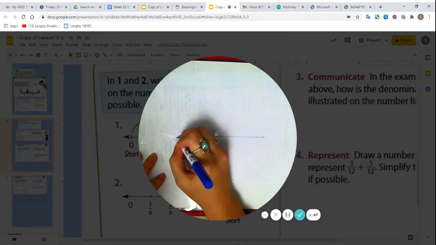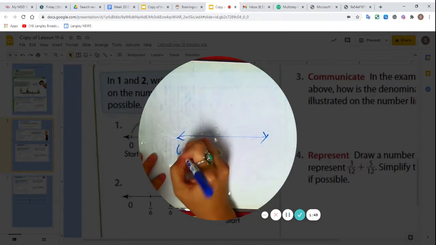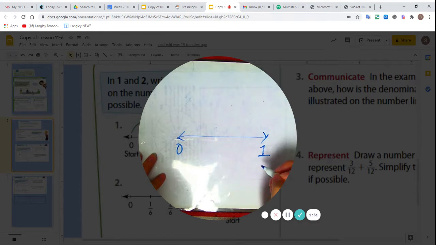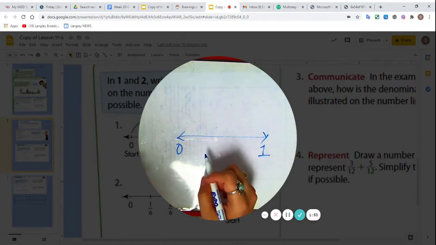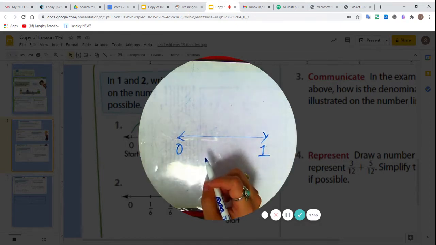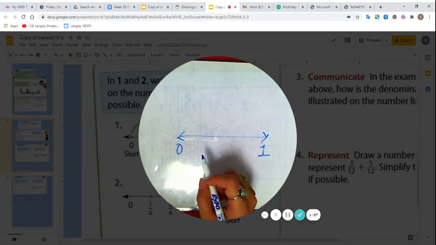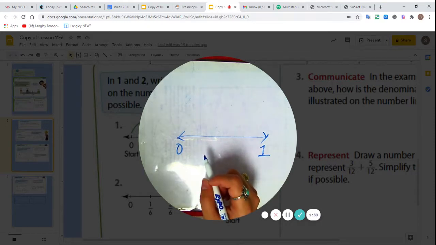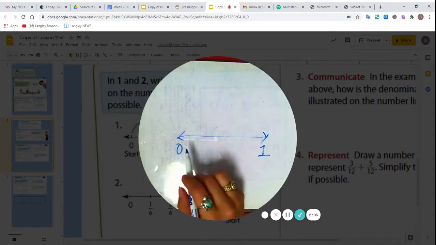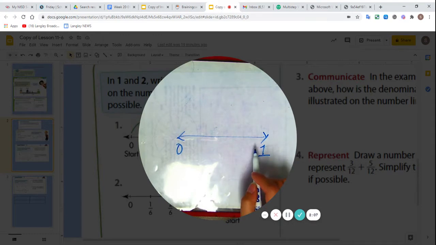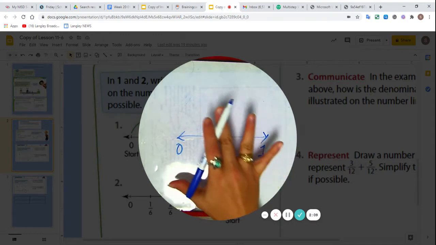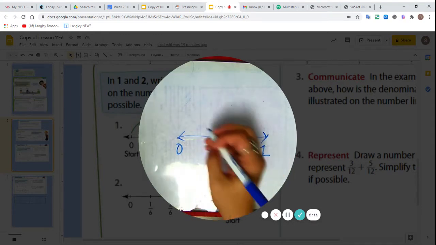I have a number line, starts at 0, and it ends at 1. I noticed that in that problem, the denominator was 5. The denominator tells me how many parts I need to have in my number line. So I need to have 5 parts in my number line.